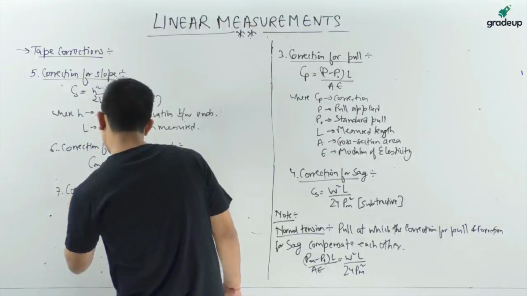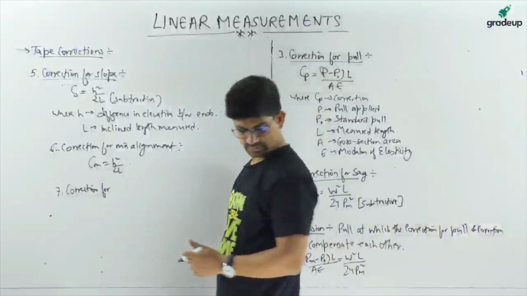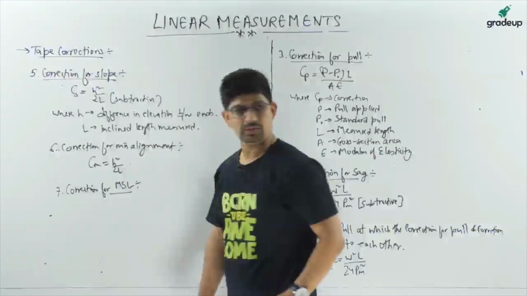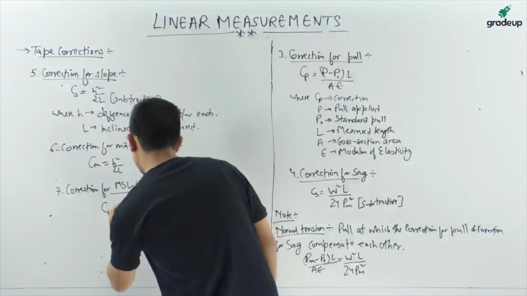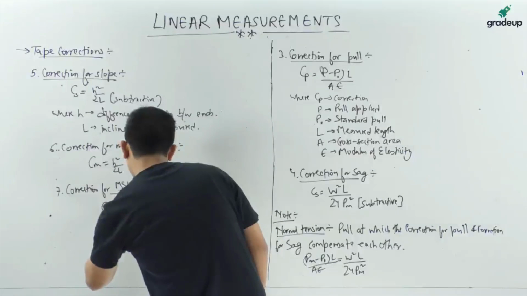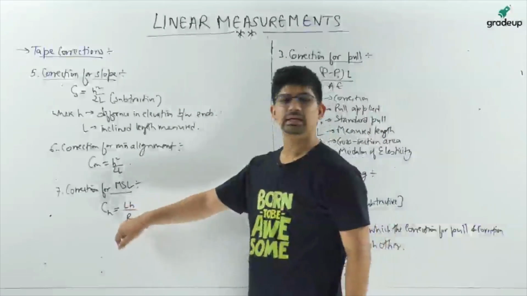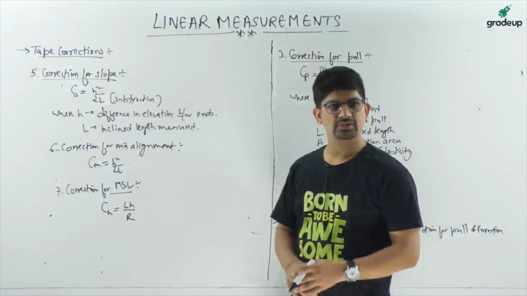The last correction is correction for mean sea level, for MSL. So, for MSL the correction is CH is equals to LH upon R. Where L is measured length, H is difference in height and R is radius of curvature of earth.